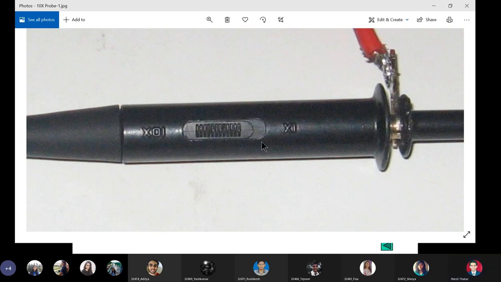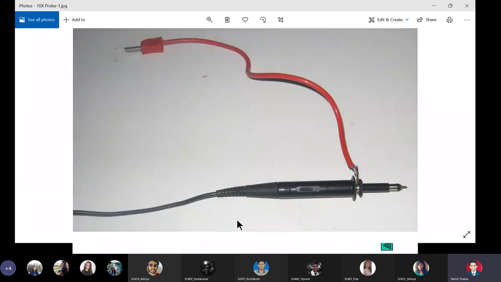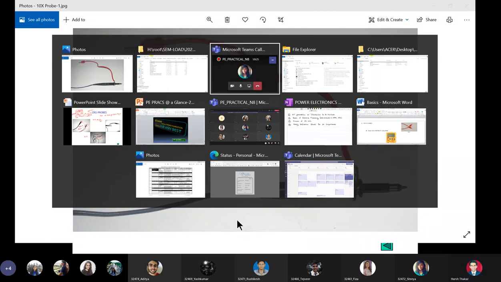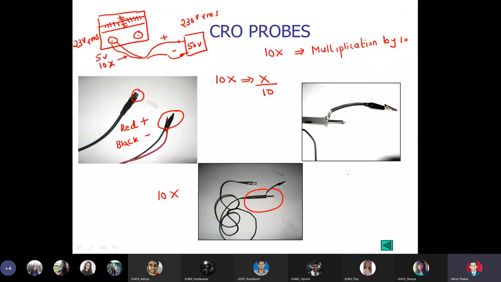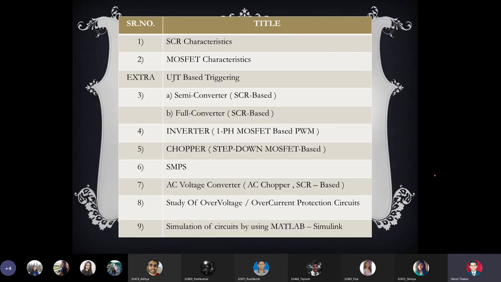If I apply 230 volt RMS, then what goes inside the oscilloscope is also 230 volt RMS. But if I keep the slider switch towards the 10x position, then it will get attenuated by a factor of 10. This is what is called an attenuator probe. I hope it is clear why we are supposed to use 10x probes in power electronics experiments.